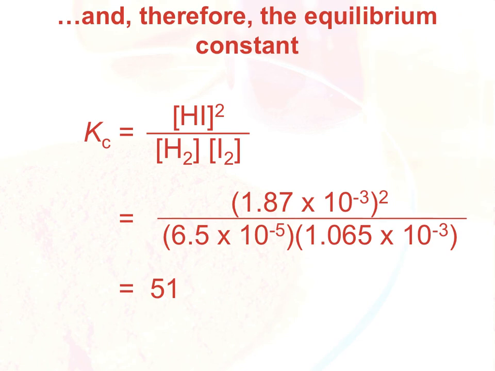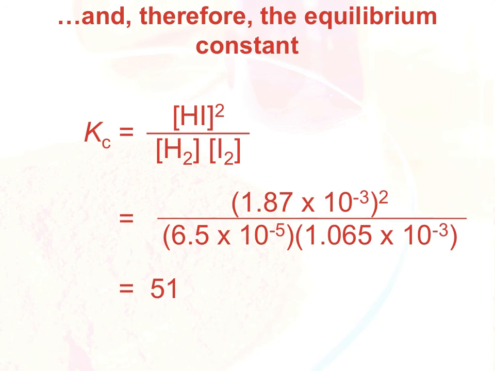So the steps are pretty simple. First, make sure that you have a balanced equation. The next thing you do is write your equilibrium expression. You then set up your ICE table and plug in any appropriate values that you have been given. You then take the values that you've been given and figure out the changes that are going to occur for each reactant and product on the ICE table.